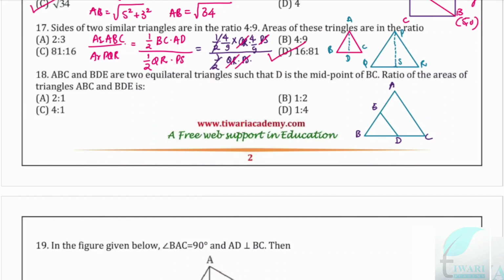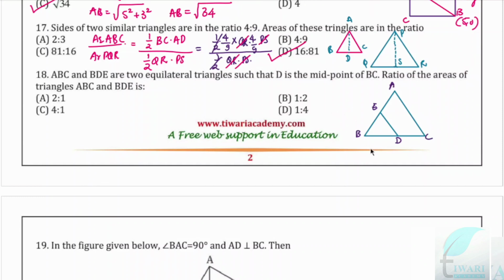Now let us solve question number 18. ABC and BDE are two equilateral triangles such that D is the midpoint of BC. You can see in the diagram below. Ratio of their areas will be what?